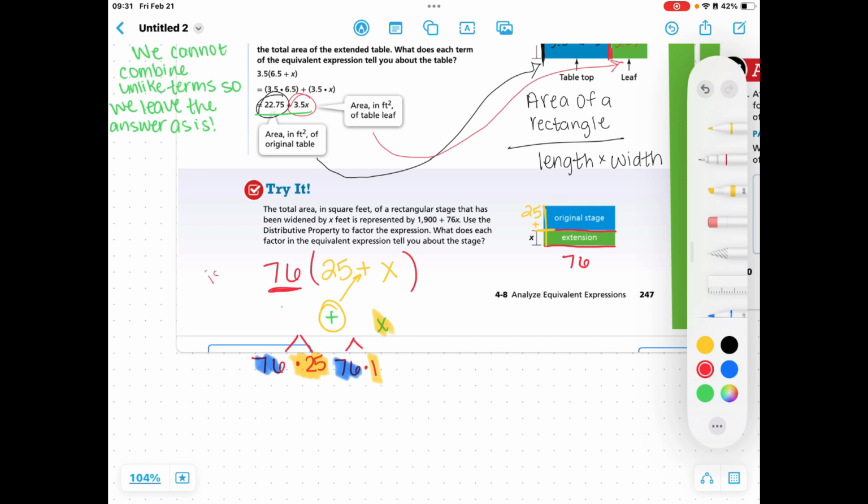That 76 is the length of the extension, and I'm going to do it in big capital letters, original, whereas the x represents the width of extension, and 25 is the, I'll do it down here, width of the original.